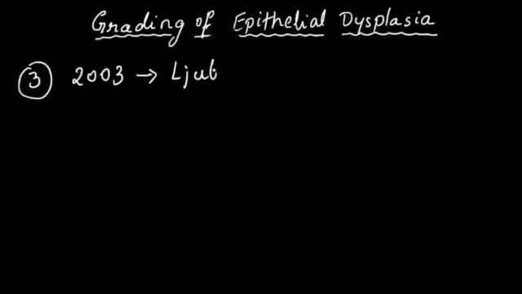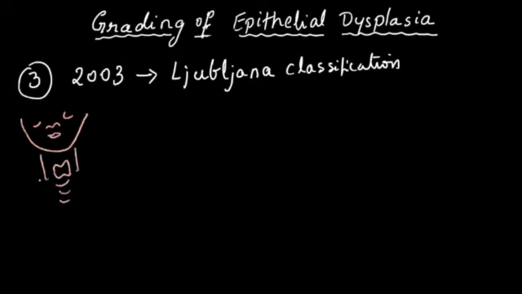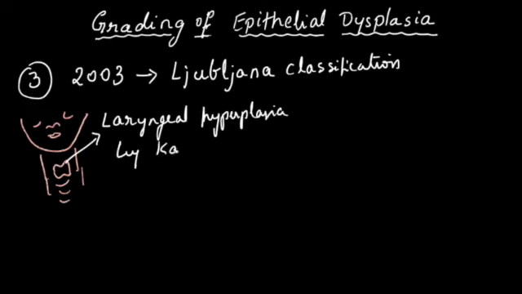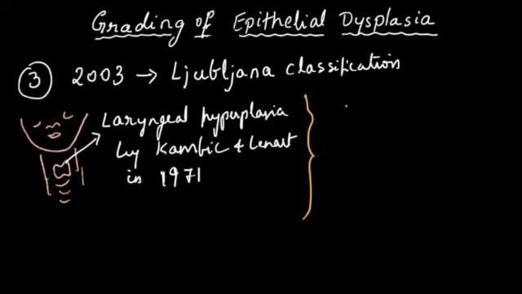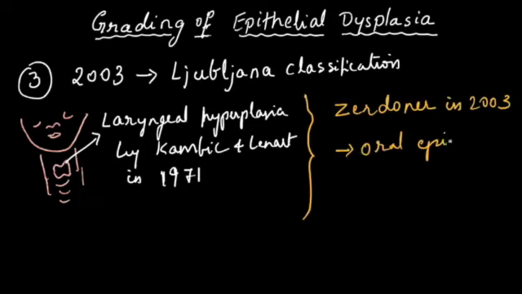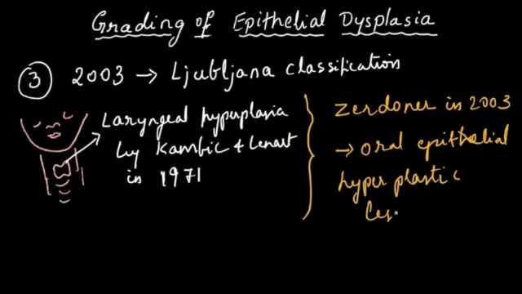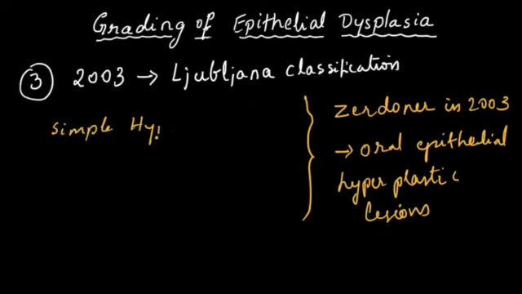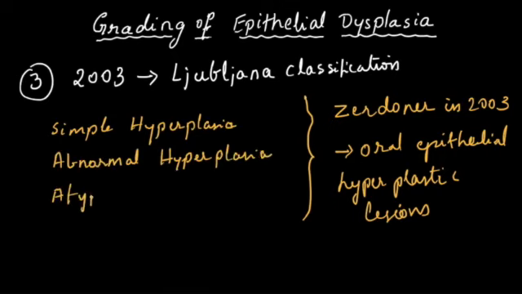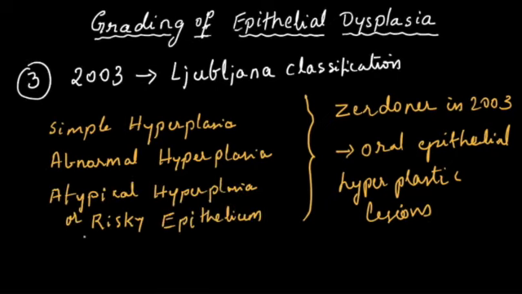The third classification system, given in 2003, is the Ljubljana classification, which was actually developed to grade laryngeal hyperplastic lesions by Kambic and Lenart in the year 1971, which was taken by Gale and Kambic in the year 2003 and applied to oral epithelial hyperplastic lesions. In this system, the epithelial dysplasia was graded as simple hyperplasia, abnormal hyperplasia, atypical hyperplasia or risky epithelium, and finally carcinoma in situ.